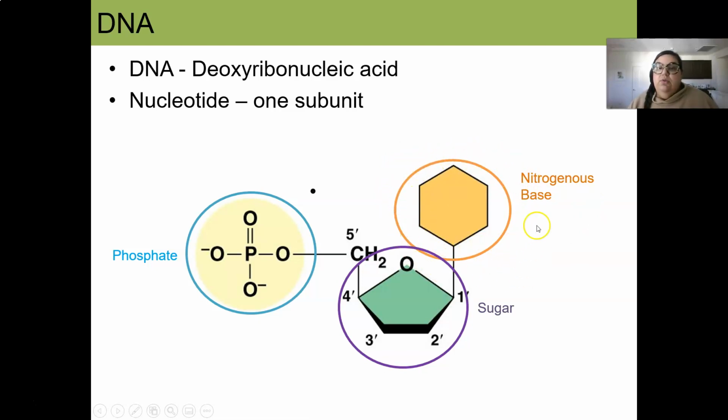Here circled in purple, this green section, is the sugar. And here circled in blue, this yellow structure, is the phosphate. So we have a nitrogenous base, a sugar, and a phosphate, and that makes up one nucleotide subunit.